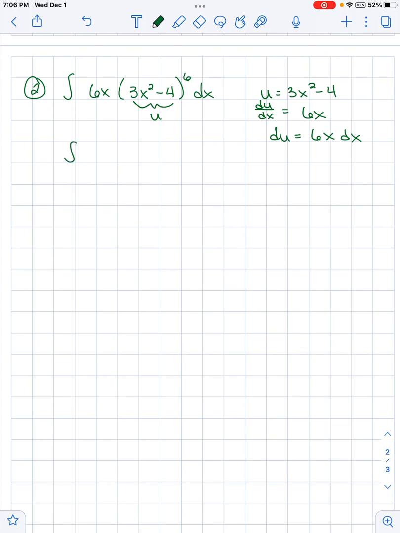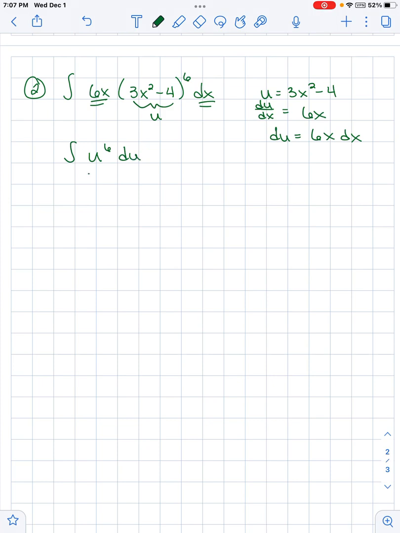So what I can do now is rewrite this entire integral so that everything is in terms of u. That makes the problem way more simple to solve, and it helps me see the structure of this integrand. So if I replace the 3x squared minus 4, that is now u to the 6th. If I replace 6x dx with du, now I have u to the 6th du.